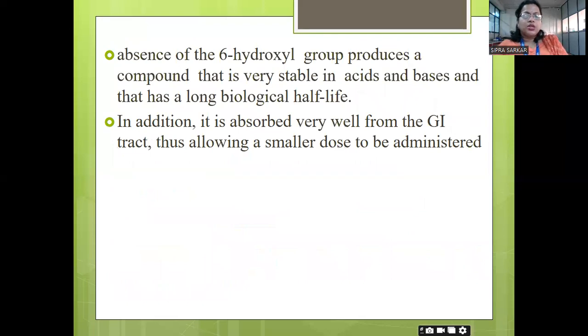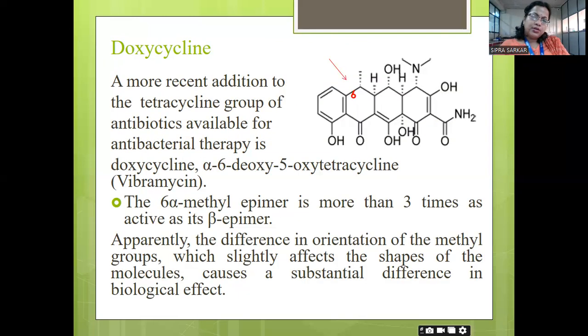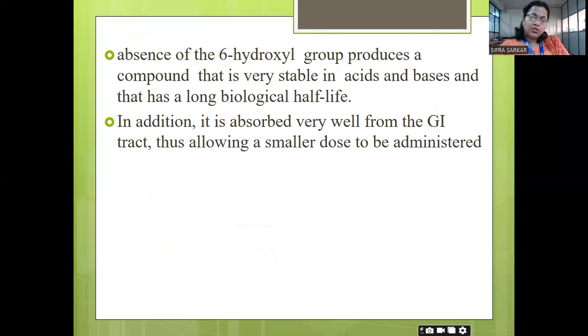So the absence of the 6-hydroxy group produces a compound that is very stable in acid and bases and has a long biological life. That means in doxycycline, if the 6-hydroxy group is removed, it produces a longer biological life.